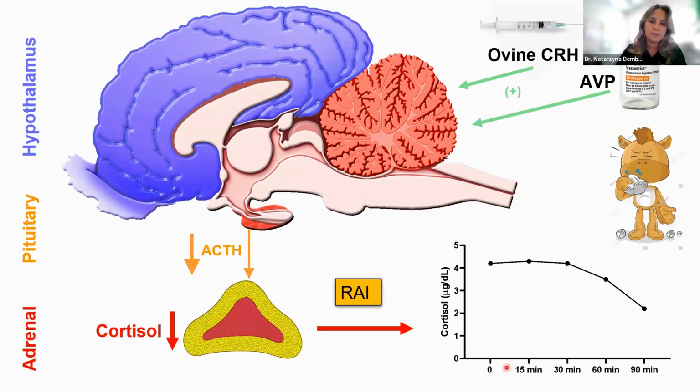This is the baseline cortisol, and this is cortisol 30 minutes after vasopressin stimulation. As you can see here, there's no change in cortisol. So there is no response of cortisol to vasopressin stimulation, which again is consistent with HPA axis dysfunction.